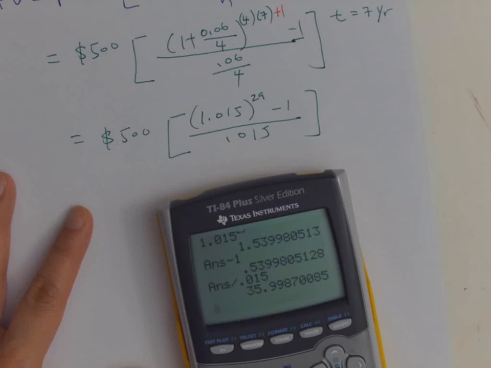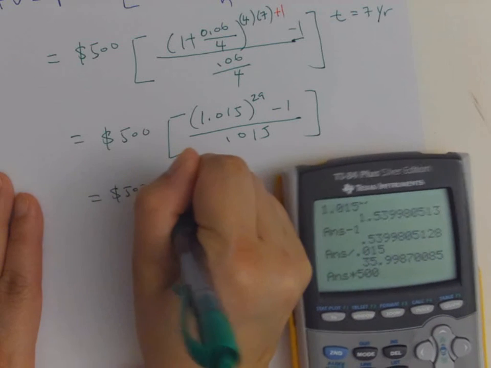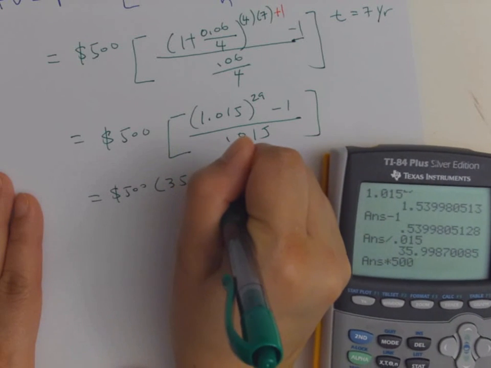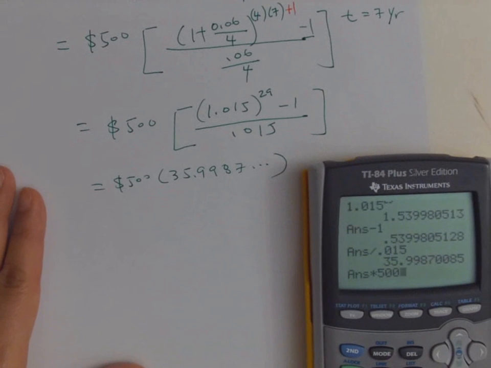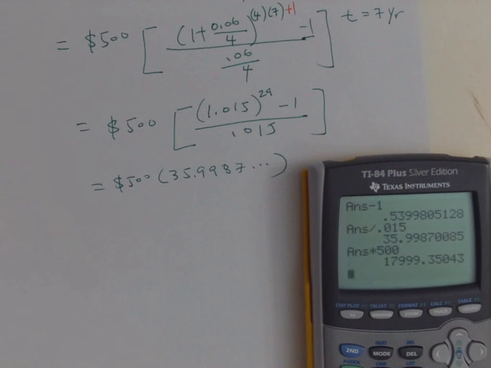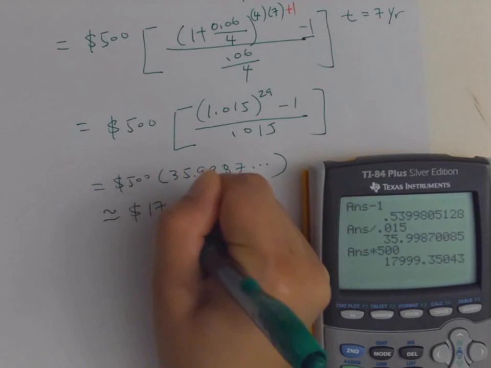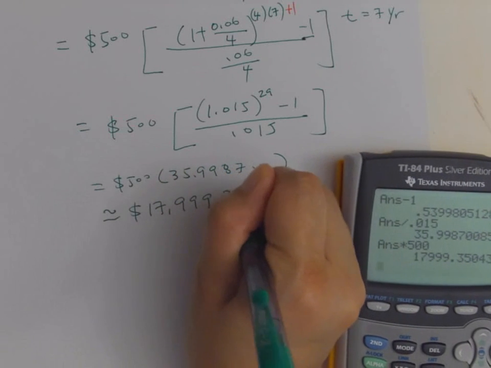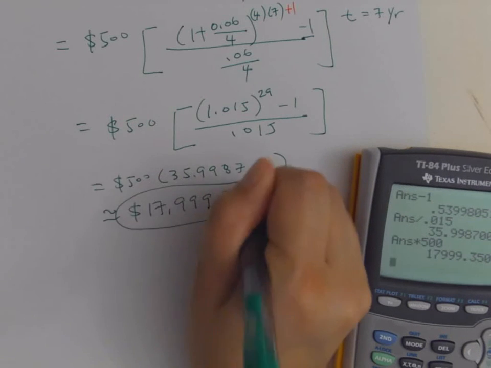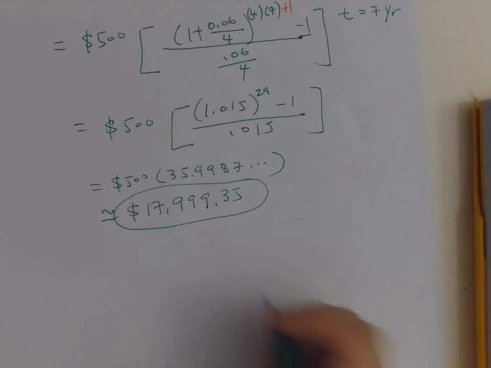So this number needs to be multiplied by 500, right? So 500 times 35.9987, and keep that decimal number. Hit enter. Our answer should be about $17,999.35. So that's what you will have in the account after 7 years.